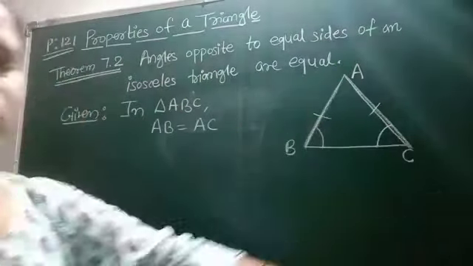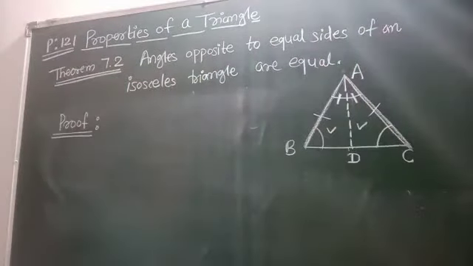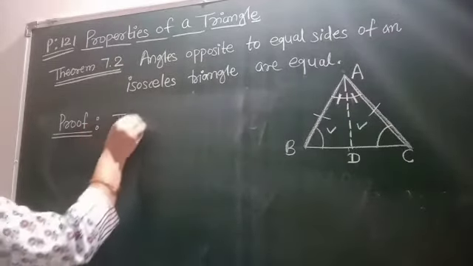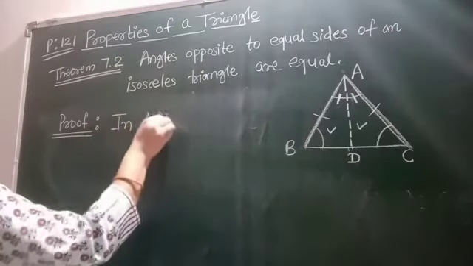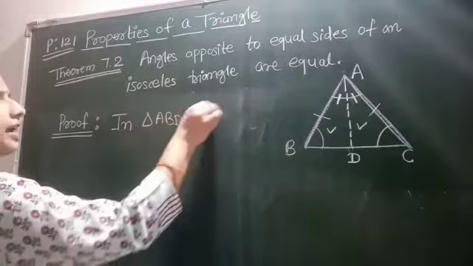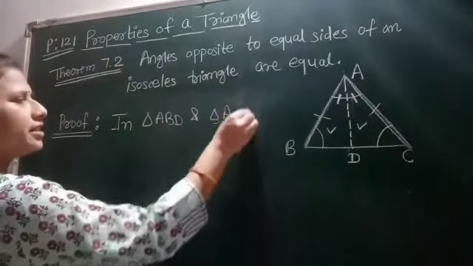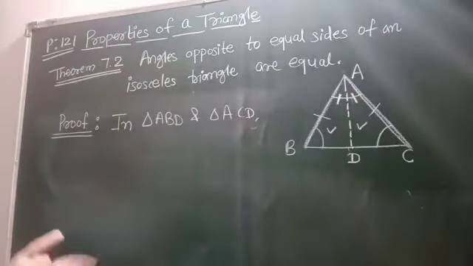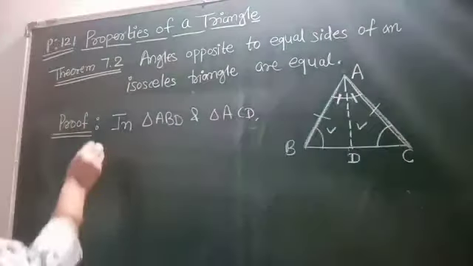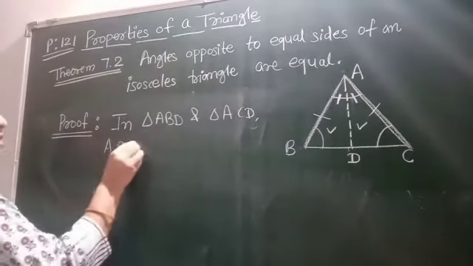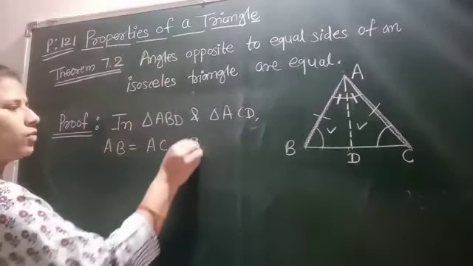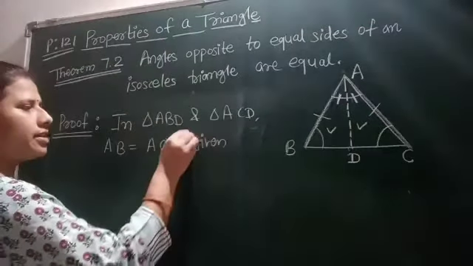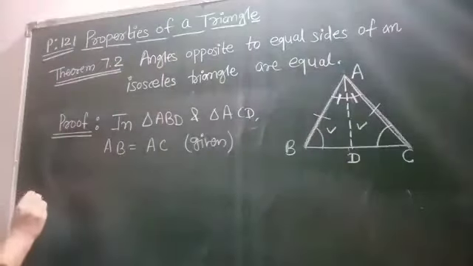So AB equals AC. Let's start the proof. First we will write, in triangle ABD and triangle ACD, as we know this side AB is equal to AC, so first we will write AB equals AC, and the reason is: it is given.